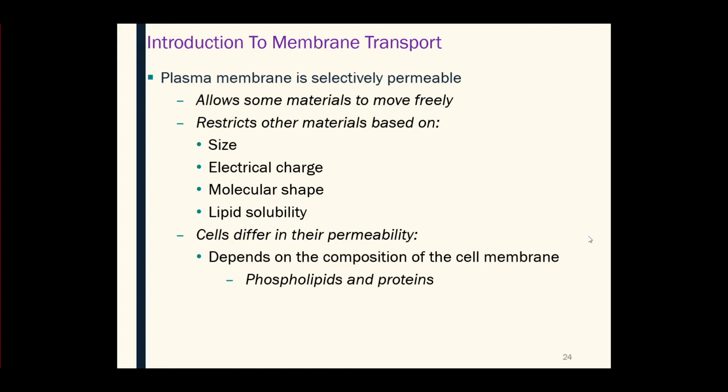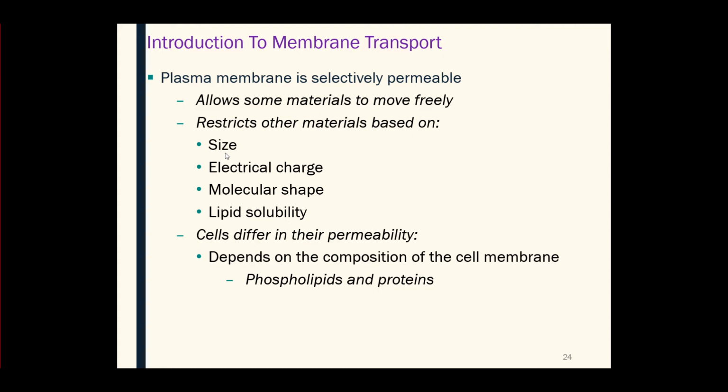So what are some of the factors that restrict different substances from moving in or out? Number one could be size. If something that comes to the cell is very large, it may not fit through one of the membrane proteins that allow for transport. It may just be too big. If the substance coming to the cell has an electrical charge that is repelled from the cell, like charges repel.